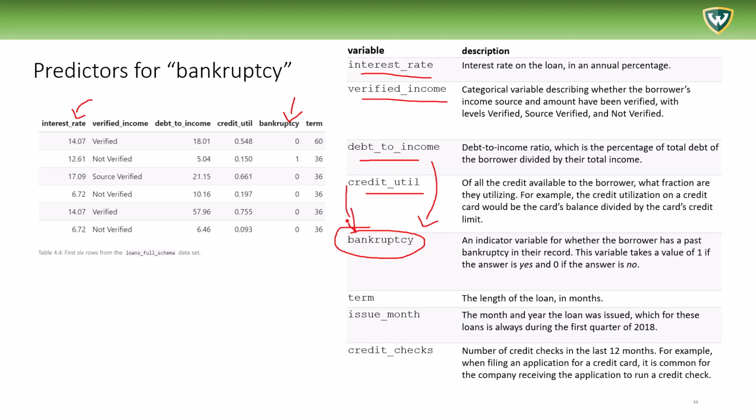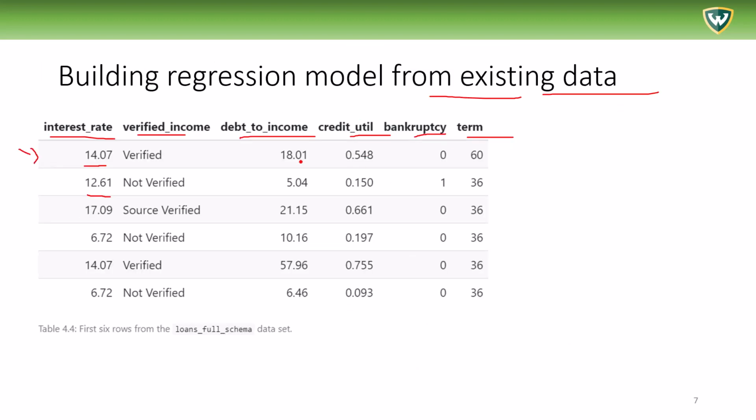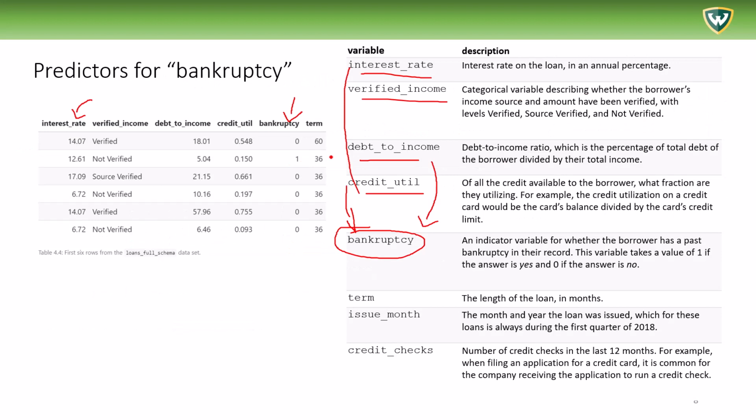Maybe the credit utilization can help explain bankruptcy. Maybe the interest rate of the loan can be an explanation of bankruptcy. So if the person has a higher interest rate, maybe they are more likely to go bankrupt.